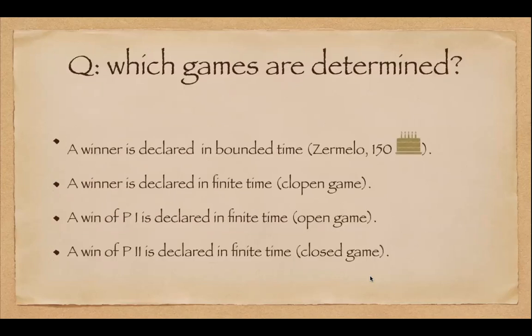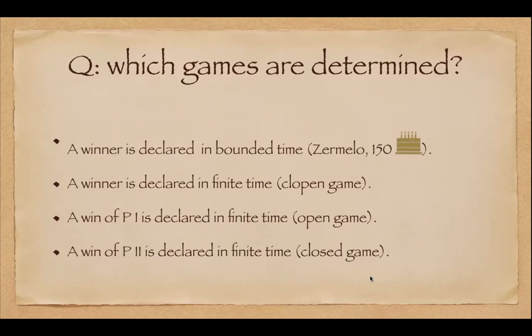All right, so now what are we looking for? We're looking for classes of games which are determined, which we can say that they are determined. Let me give you some examples of such games. One example are games in which the identity of the winner is known after a bounded number of stages.